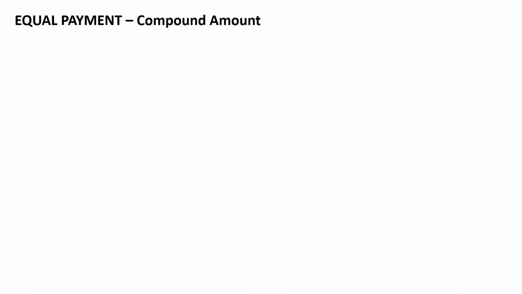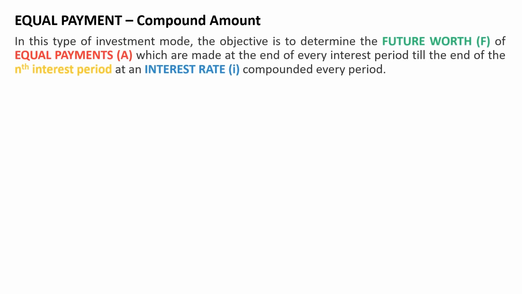Equal payment compound amount. In this type of investment mode, the objective is to determine the future worth F of equal payments A which are made at the end of every interest period till the end of nth interest period at an interest rate I compounded every period.